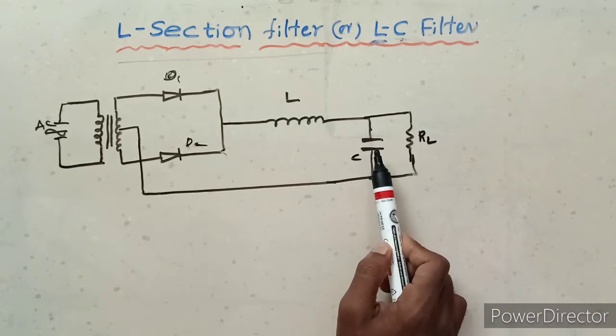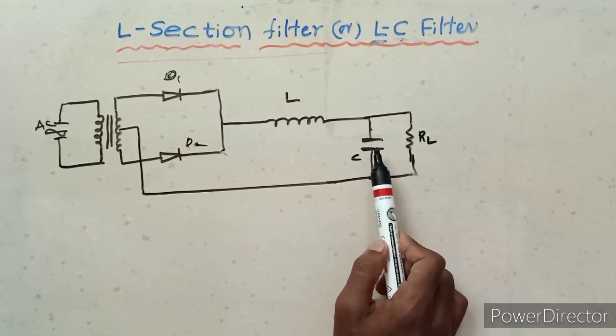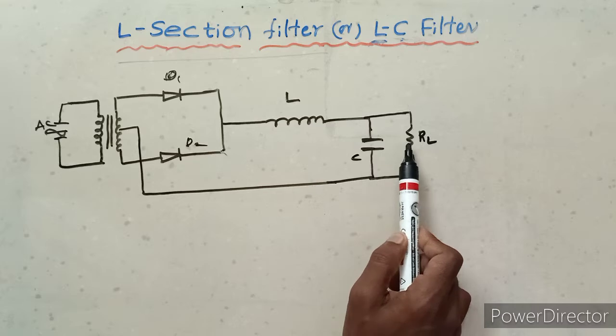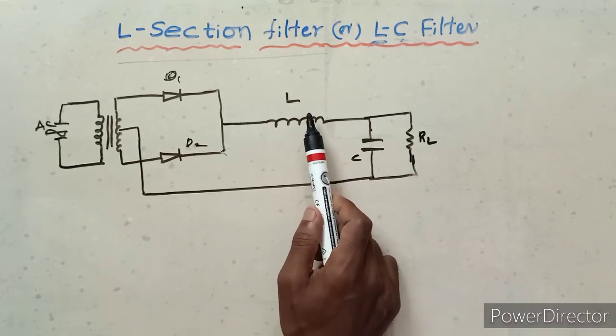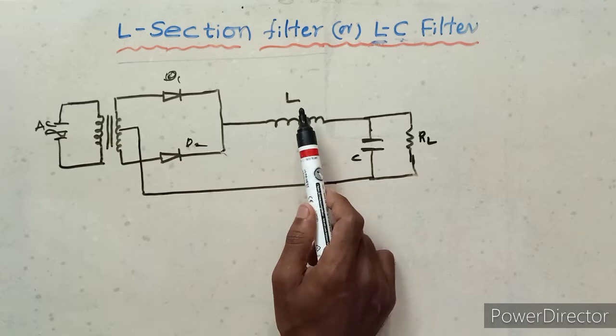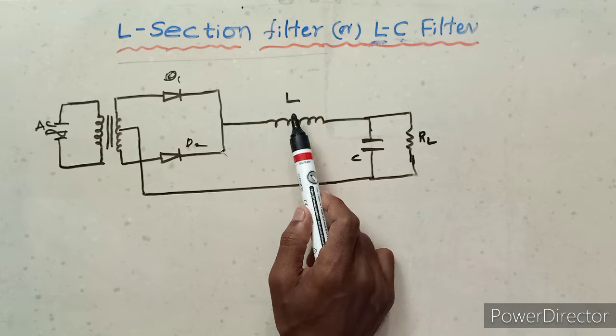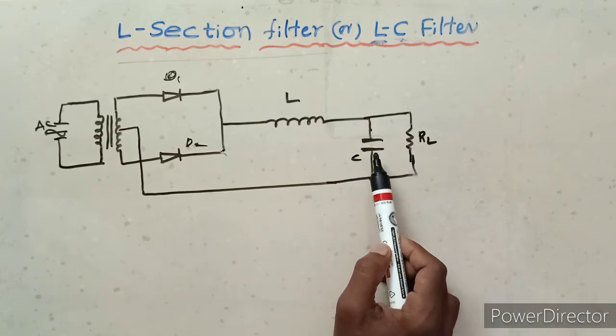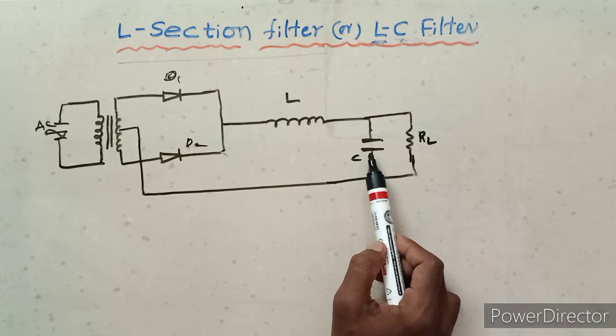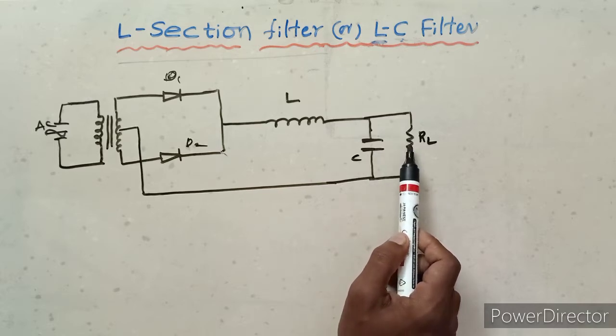In shunt capacitor filter, the ripples decrease with increase in the load resistance. In series inductor filter, the ripples decrease with decreasing load resistance. In shunt capacitor, load resistance increases.